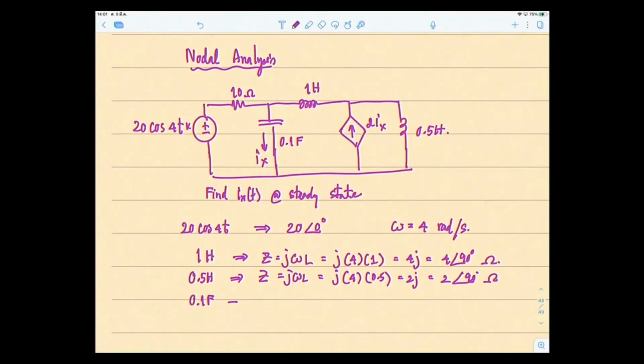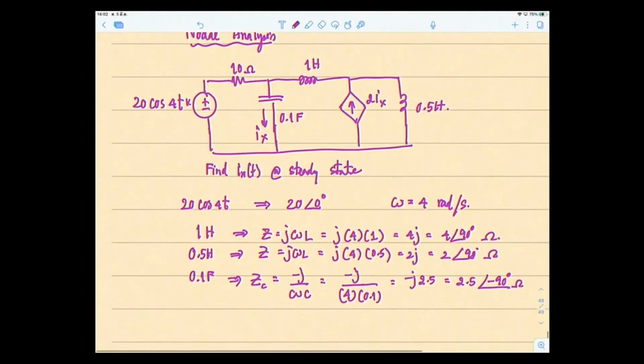The impedance of a capacitor is minus J over omega C. So minus J over omega is 4, C is 0.1. So the answer is minus J 2.5 or 2.5 angle minus 90 degrees ohms.